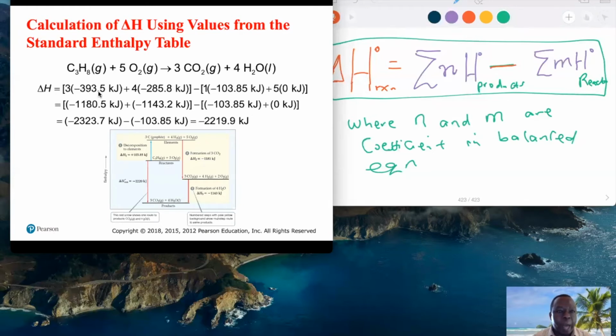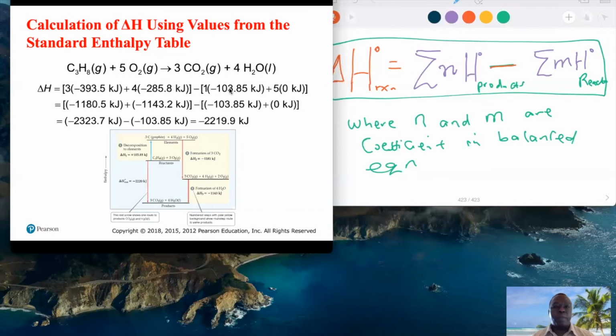Where is this value? I don't expect you to memorize it. You'll be given it, but of course, if it is a homework assignment, MyLab and Mastering, you'll have to refer to the table. But in the exam, it will be given in the problem: the enthalpy of formation for this CO2, liquid H2O, you multiply by 4 kilojoules, minus now the product minus reagent.